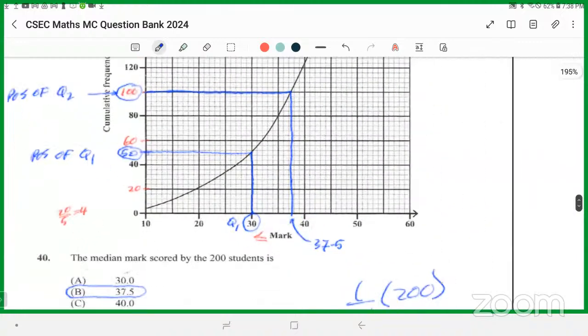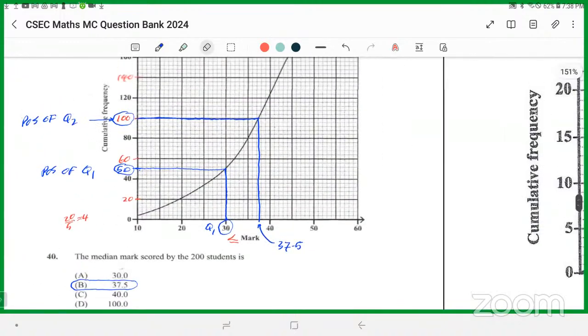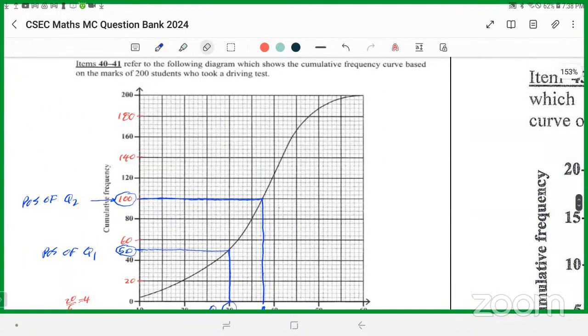Q3, you could say the portion of Q3 is 3/4 of 200, which becomes 150. Or you could say it is the middle of the top 100 up here, the top half. Middle of the top half between 100 and 200, that's the 150 mark.